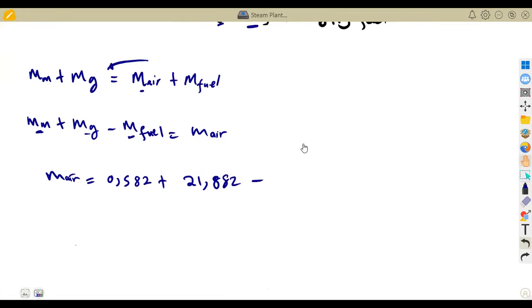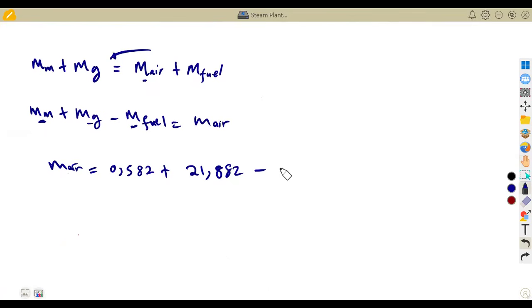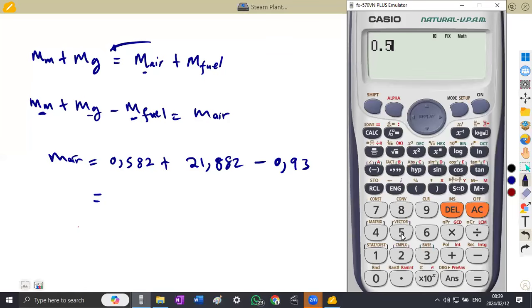So you're going to subtract 0.93 there. That is what we are going to have at the end. We have to consider our formulas, which are important, and manipulate them in favor of what you're supposed to find. Okay, just going to subtract this 0.93.